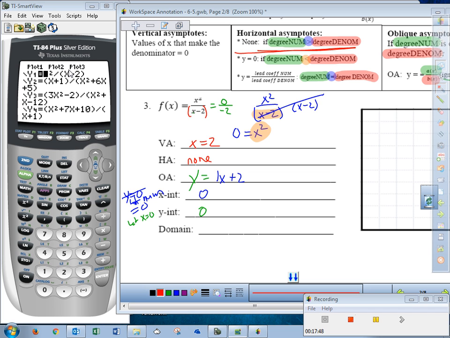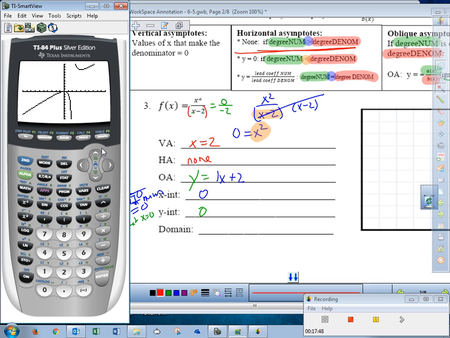Let's zoom 6 it and see what we see. Hope you see that. Do you see that? Let's see if it kind of matches our information here. The calculator does a horrible job of showing stuff like asymptotes and even holes in the graph, which we haven't talked about yet. But vertical asymptote at x equals 2.